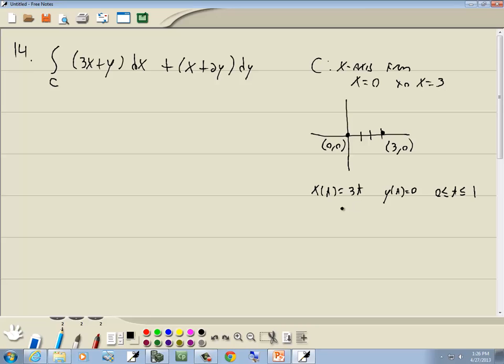That would have been up to you. Actually I don't need to write that down in this problem. So we got that right there. Well, if I find the derivative of this, then the derivative of 3t will be 3 dt.